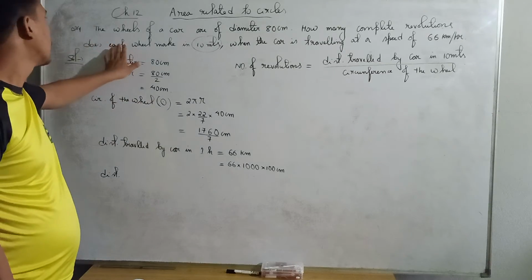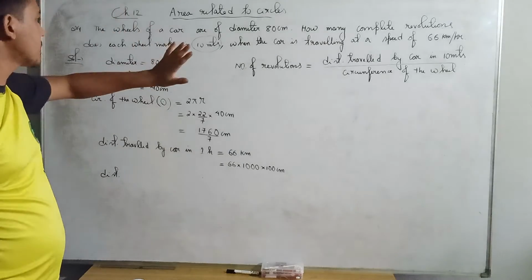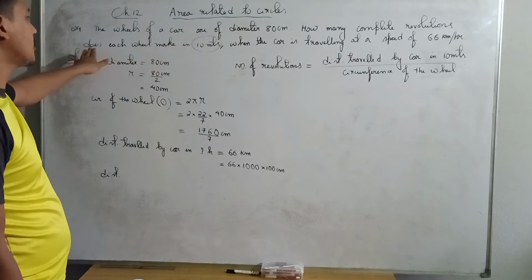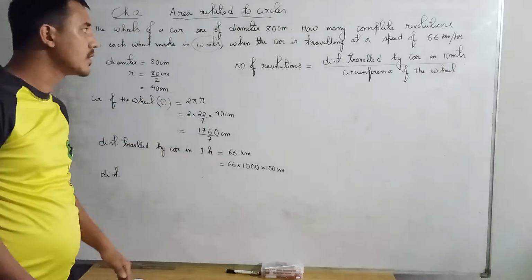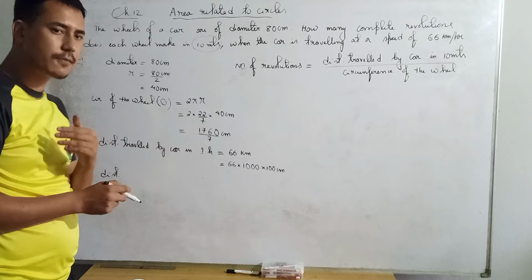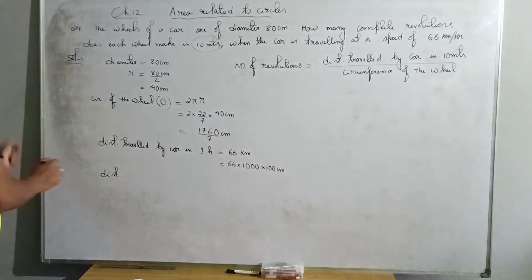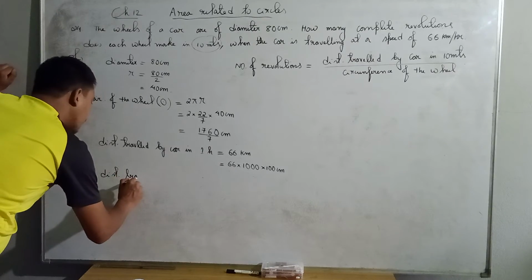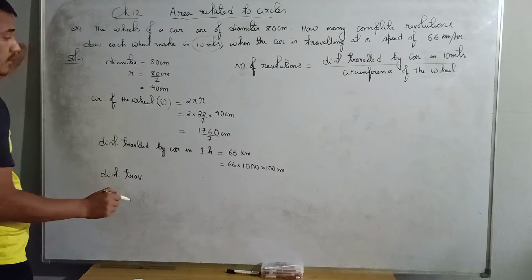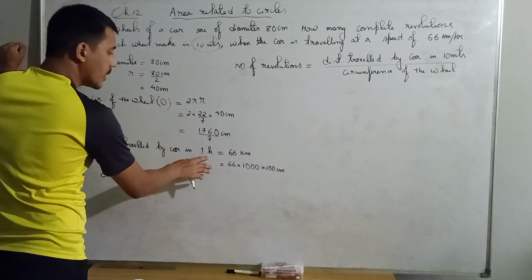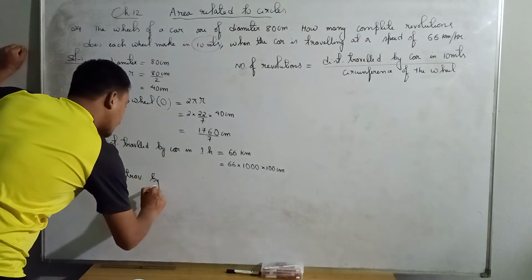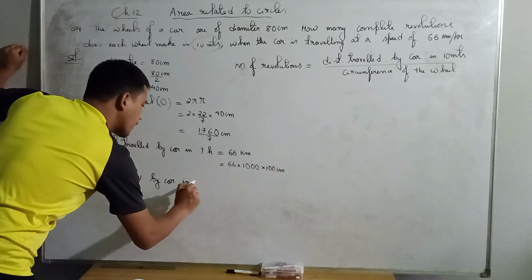The question is: how many complete revolutions can the wheel make in 10 minutes? That means the car has traveled for a time interval of 10 minutes, so I'm going to find the distance traveled in 10 minutes. First, the distance in 1 hour is this much. So let's find the distance in 1 minute.